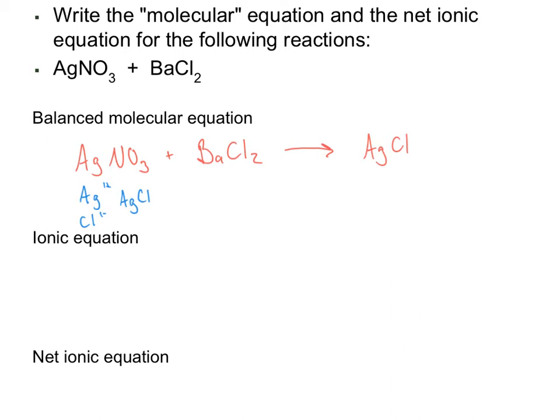Likewise, we also know that barium and nitrate are our other cation-anion combination. Barium with its 2 plus charge, nitrate with its 1 minus charge, will come together with a formula BaNO3. And so that is our other product. It's very important to note here that our subscripts change.